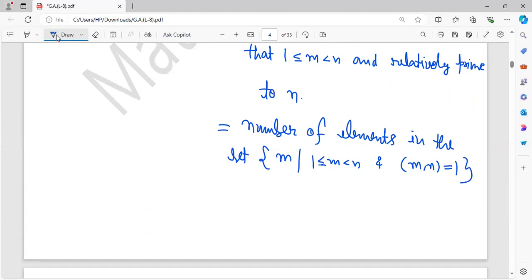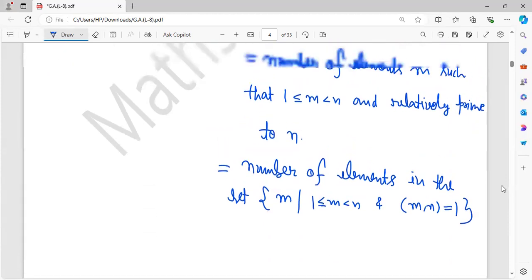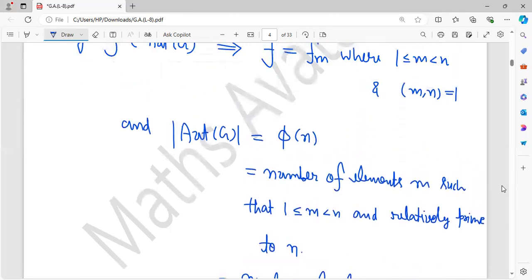So whatever element you take in the automorphism group, it is of the form f_m, where m is relatively prime to n and greater than or equal to 1 and less than n. And the order of that group is also the number of elements of such type of m's. So what does it mean?